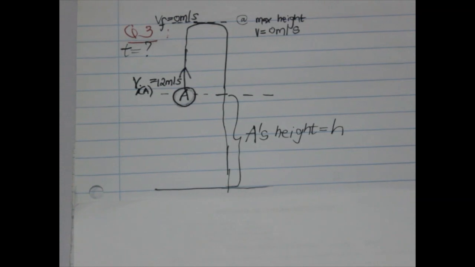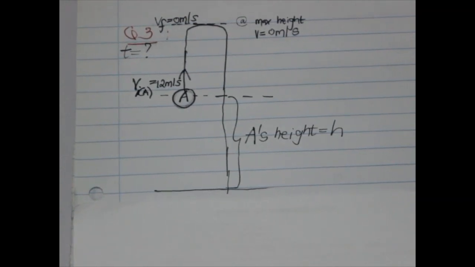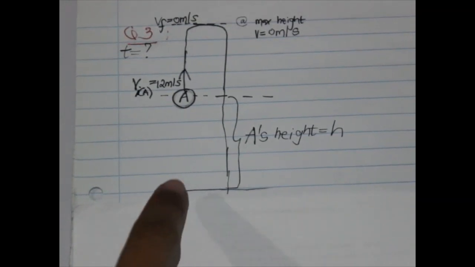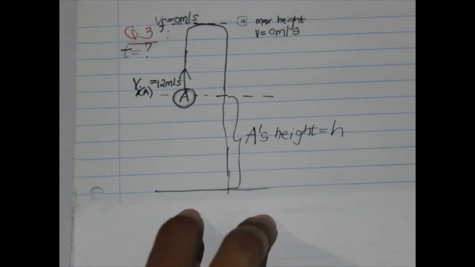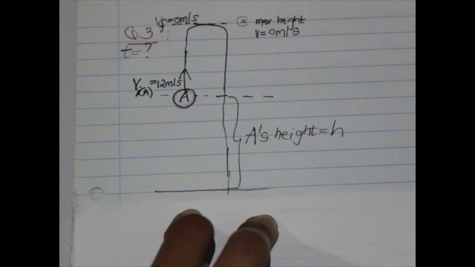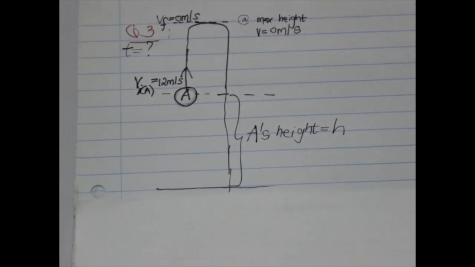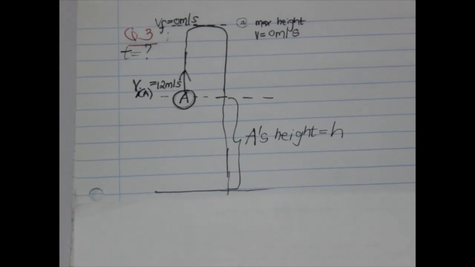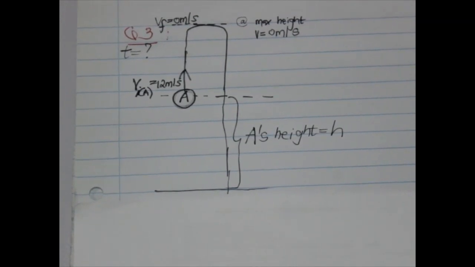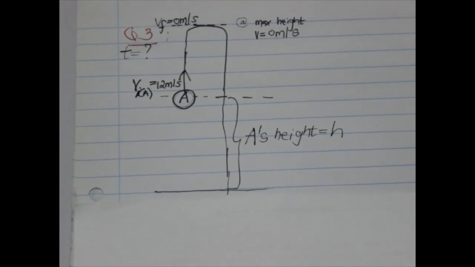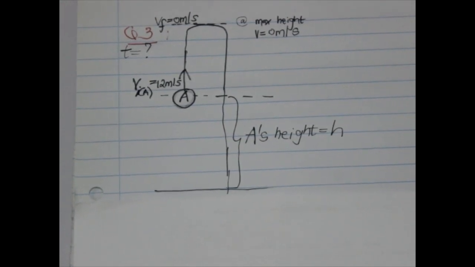So when you attempt question 3.1, because question 3.1 focuses on ball A, and they want us to calculate the time taken for stone A to reach its maximum height, we need to remember that as the ball goes up, because gravity is acting on the ball in the opposite direction, the ball will slow down.